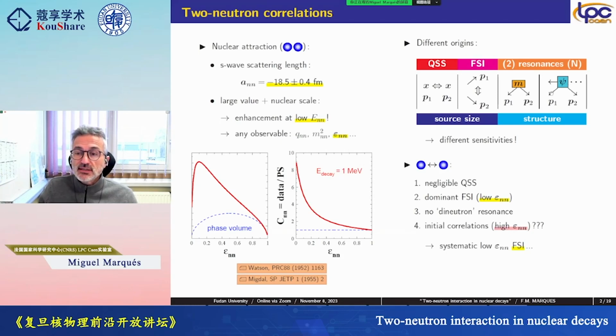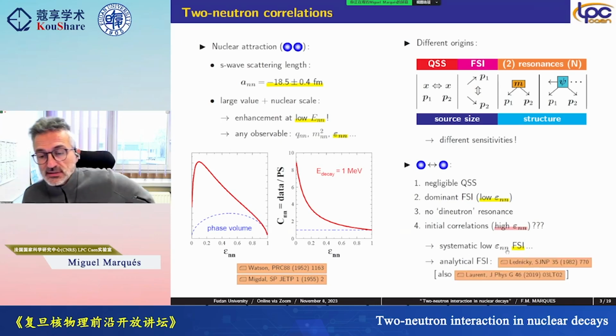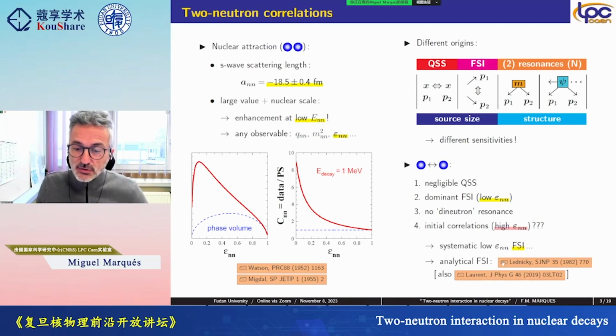So a signature of these effects could be found if we saw an increase of the neutron-neutron signal at high energies. But as we will see today, in the experimental systematics, we always see signals at low relative energy. And we started our work at GANIL using this reference here that gives an analytical form for this final state interaction.